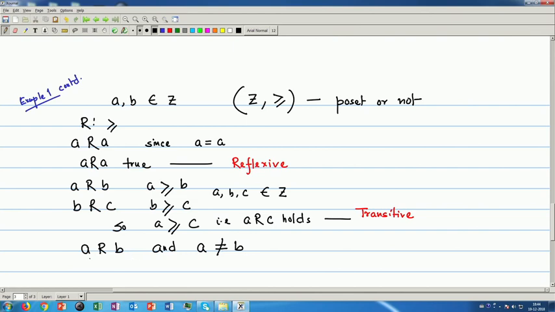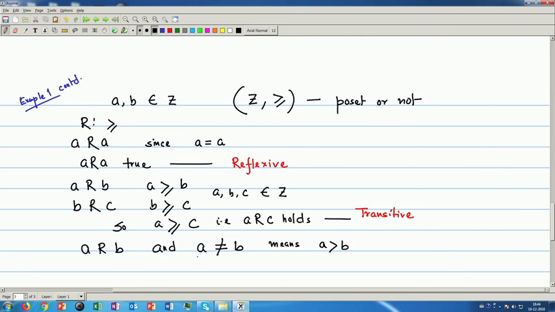So A R B and A not equal to B means only A greater than B.